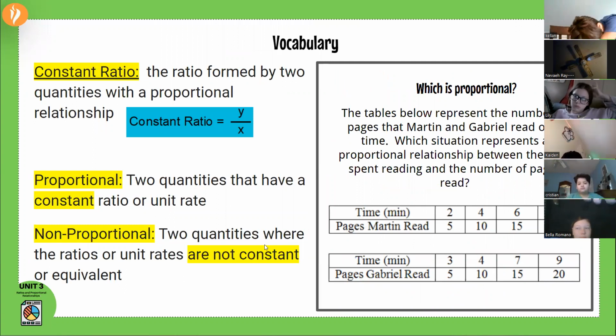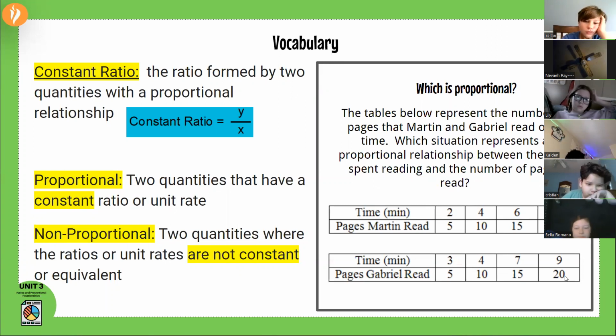So when you have a table, like here, we have two tables, one about Martin reading pages and Gabriel reading pages. In order to find out if the table represents a proportional relationship, you have to divide the bottom number by the top number.